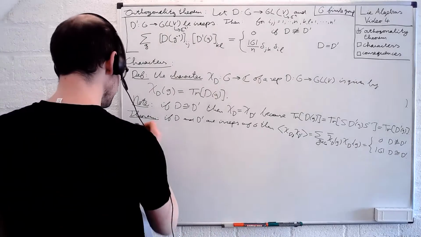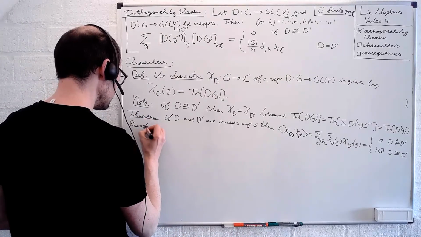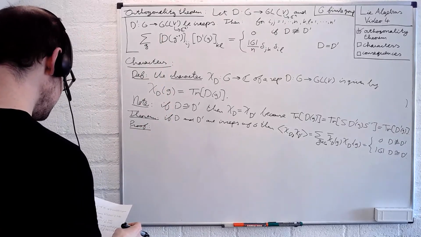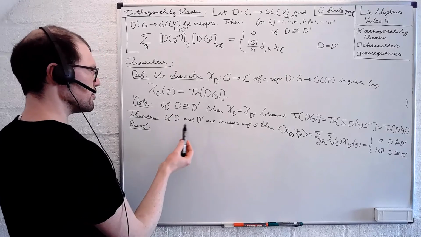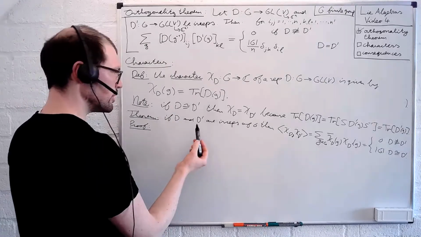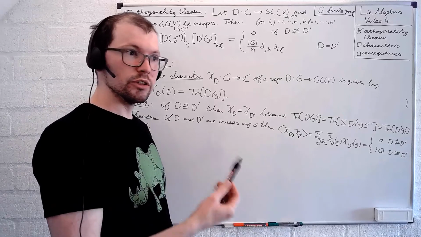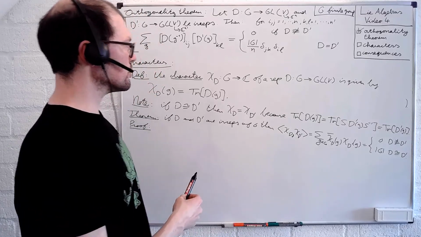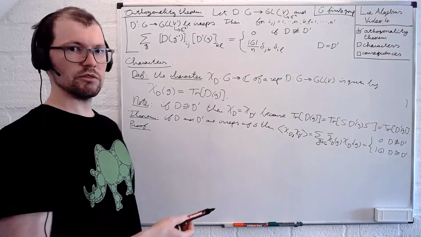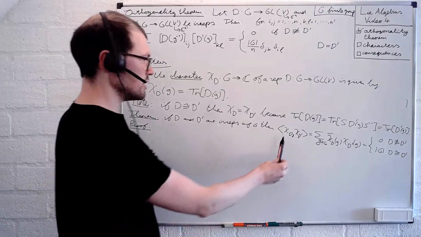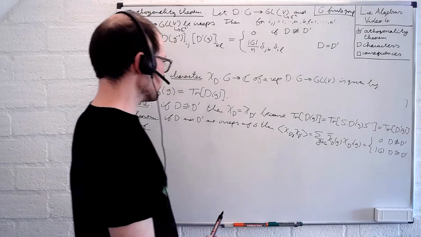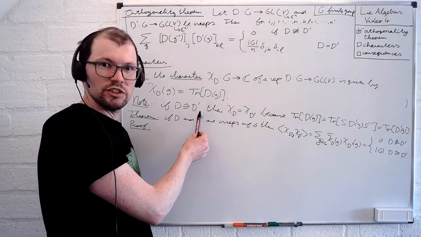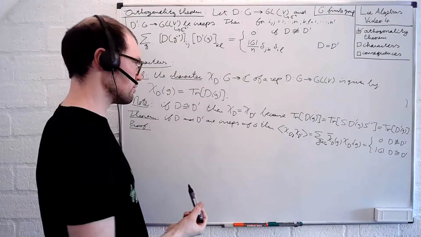Okay, and the proof is very straightforward, starting from the orthogonality theorem. First of all, we may assume that D and D prime are unitary, because we know they will be equivalent to unitary representations, and the characters I'm comparing do not depend on which particular representation I choose, as long as it's equivalent.